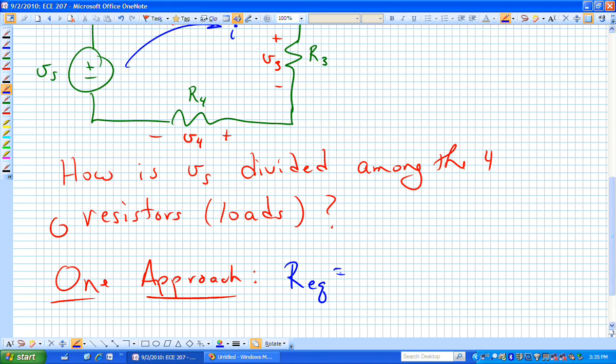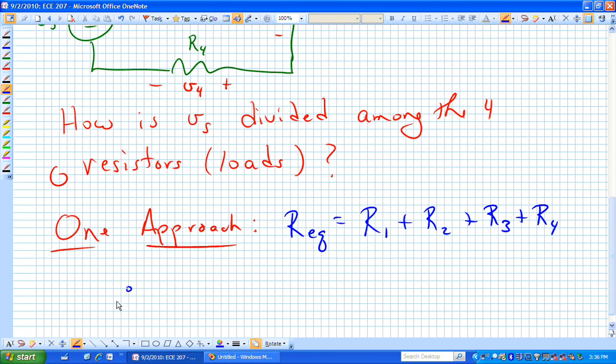If we can find our equivalent, and we learned that last time, those are all in series. Consequently, the equivalent resistance is the sum of all four of those resistors. If that's the case, then this I that we were interested in is just V sub S over R equivalent.